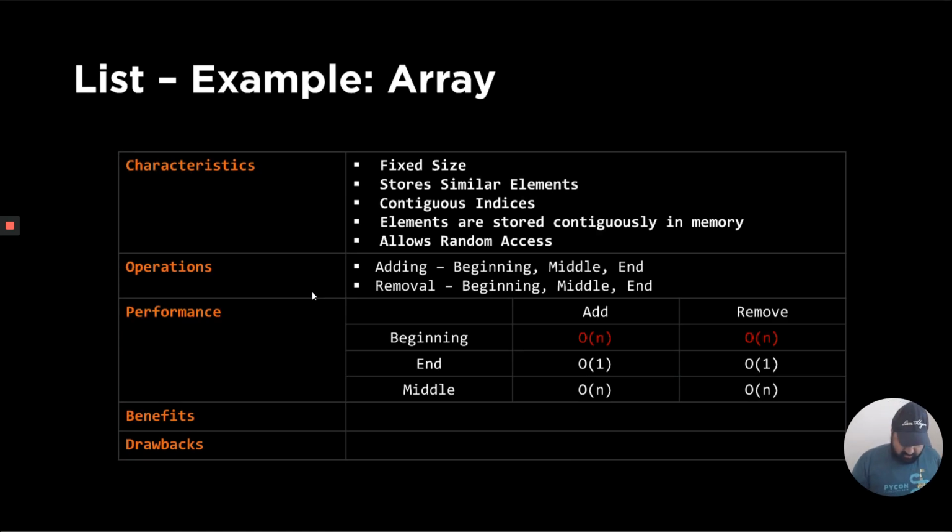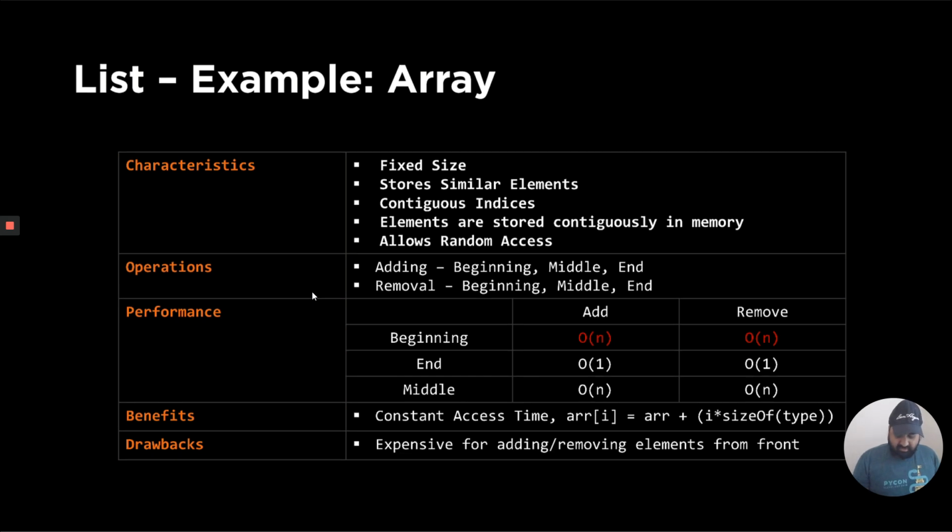So let's talk a little bit about the benefits of this approach as well as the drawbacks. The benefits are constant time access. As I told you, if we want to find what is present at array index i, we can just compute the location of the first element plus i times the size of the type being stored in the array, because every location takes the same amount of space.